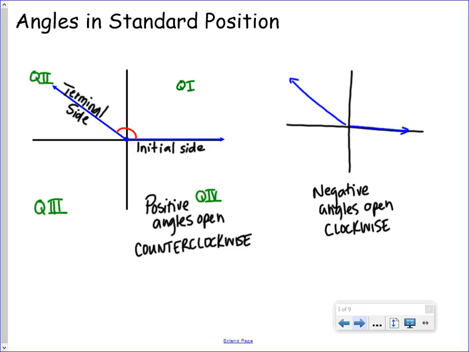The only difference would be the arc, right? Instead of going counterclockwise, I want to go clockwise. And so those are the same angles, but they would have different measures because one is opening to be positive and the other is opening to be a negative angle.